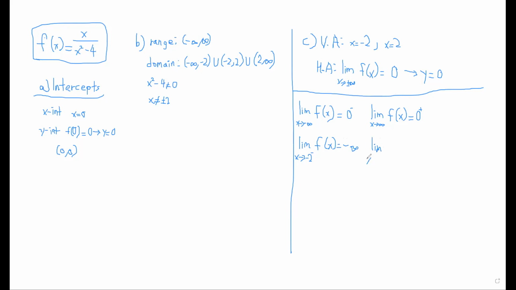Let's do this for the other sides. What happens if x were to equal -1.99999? Okay, so this would be -1.99999. This would be a very small negative number. That means that approaching this limit, it's equal to infinity.